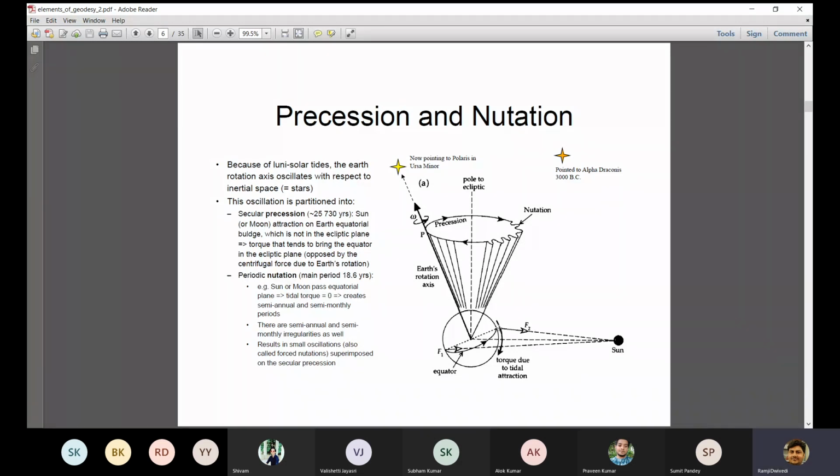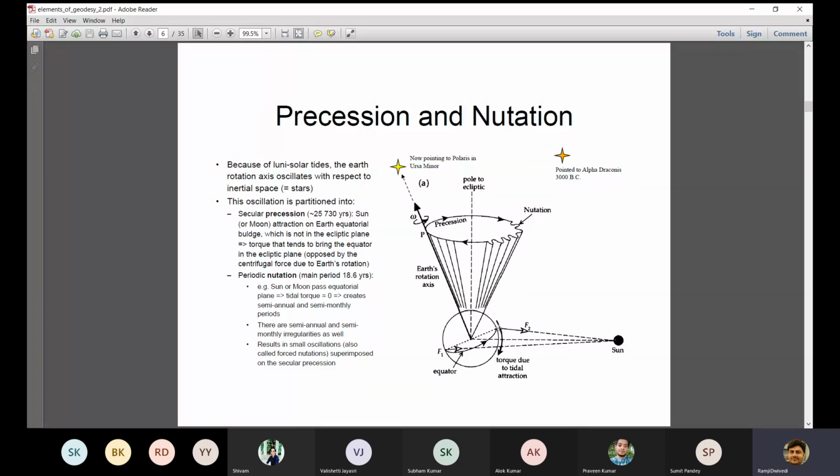There are semi-annual and semi-monthly irregularities as well, resulting in small oscillations, also called forced nutation, superimposed on secular precession. So these are sometimes irregularities because of the passing of the equatorial bulge and these forces acting over it.